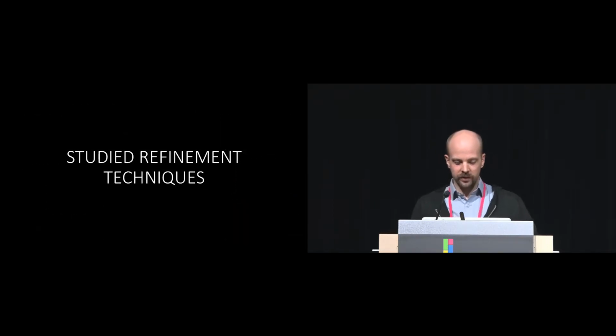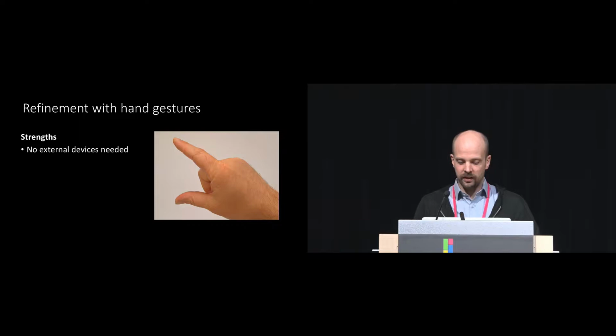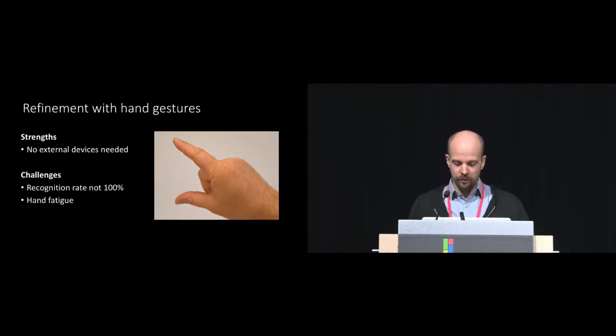So let's have a look at the studied refinement techniques first. The first one is refinement with hand gestures. The strength is that no external devices are needed, but the challenge is that the detection rate is not perfect, and hand gestures can also become tiring if users have to keep their arms lifted in front of the head-mounted camera for a longer time.